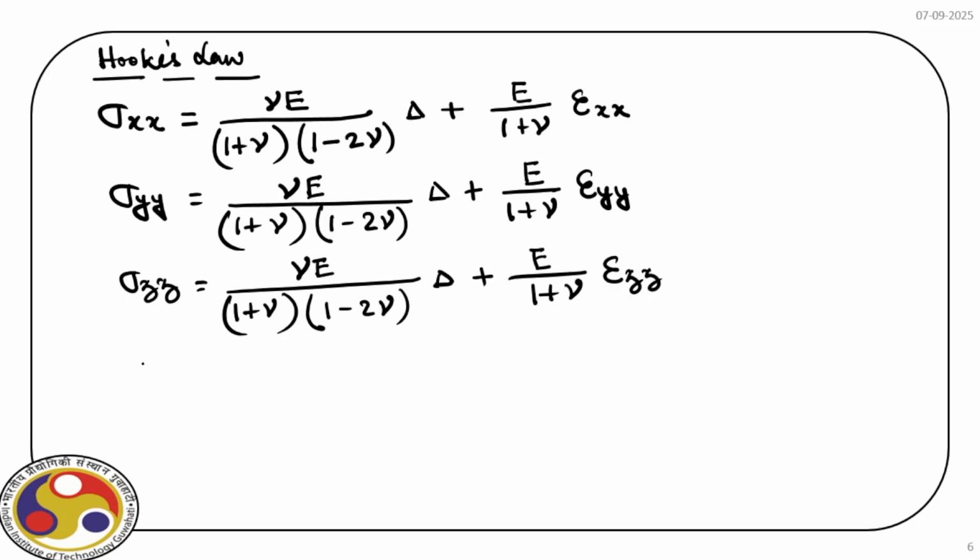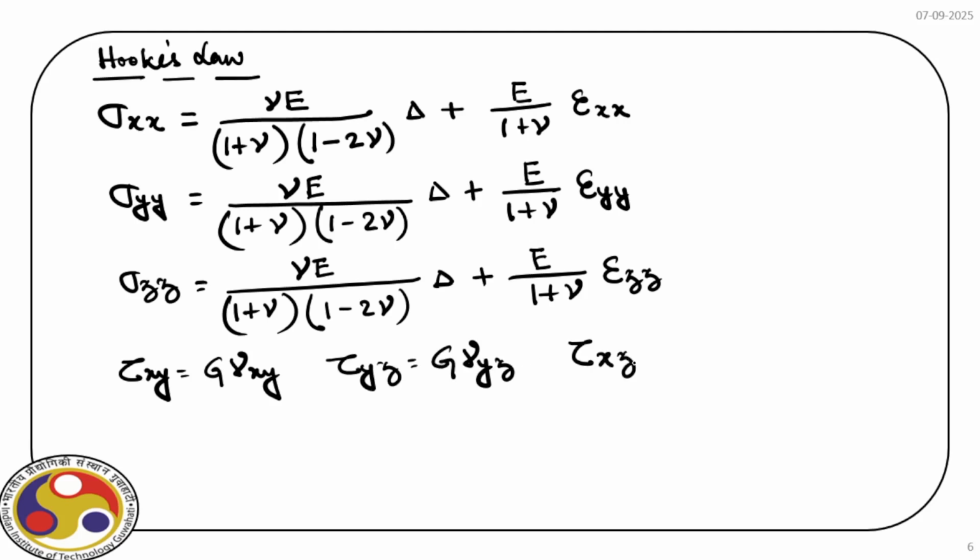Then for the shear stresses, we have tau xy is equal to G times gamma xy, tau yz is equal to G times gamma yz, and tau xz is equal to G times gamma xz.